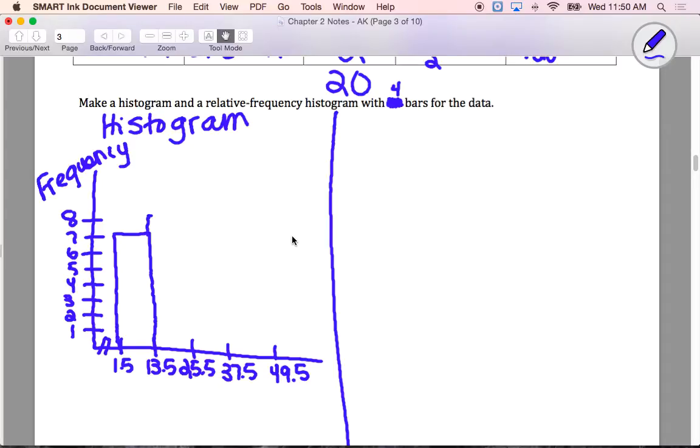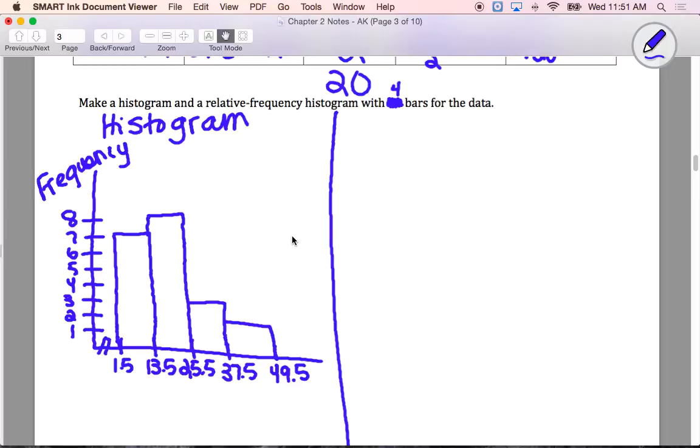So you're going to just extend it a little and go down. Then 25.5 to 37.5, there were 3 there. And the last one is 37.5 to 49.5, and there were 2 for that group.